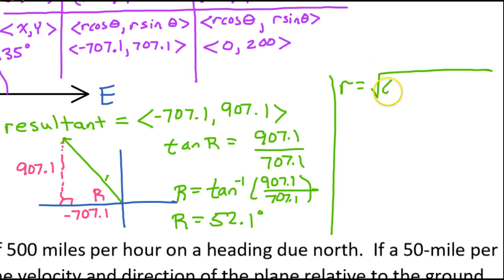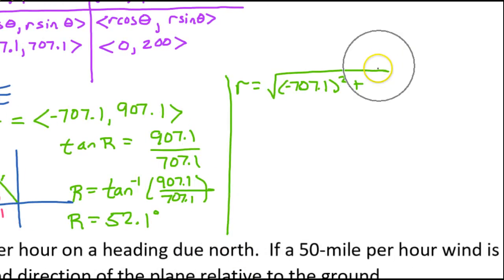So it's going to be the square root of negative 707.1 squared plus 907.1 squared. All right, I just need to work this out.